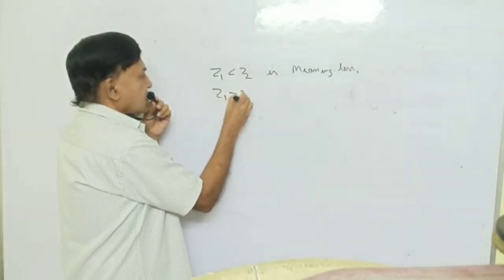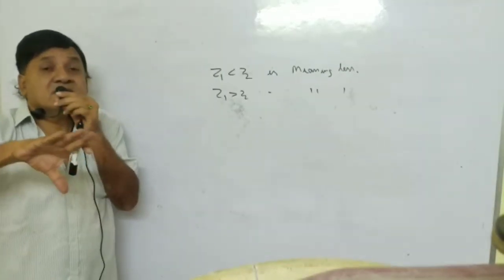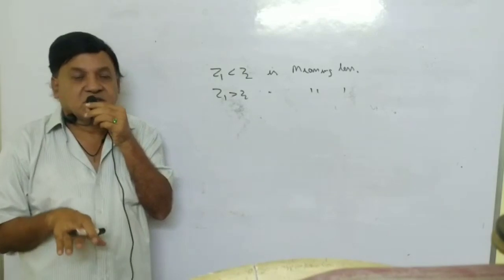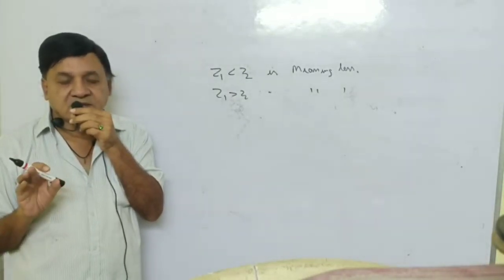Similarly, Z1 greater than Z2 is also meaningless. So, two complex numbers can never be compared. Write down the point: two complex numbers can never be compared.